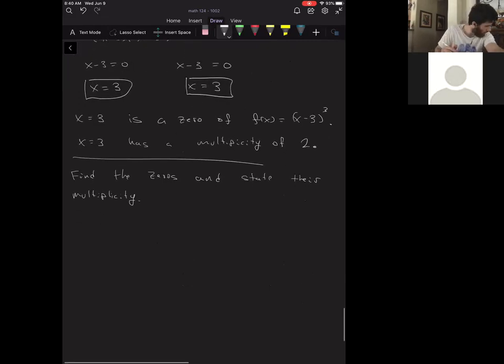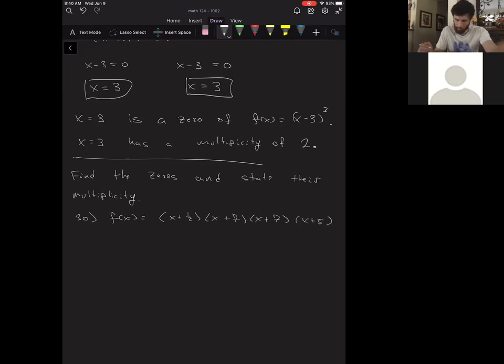For 30, we have f of x is equal to x plus 1/2, x plus 7, x plus 7, and x plus 5. So find the zeros and state the multiplicity.